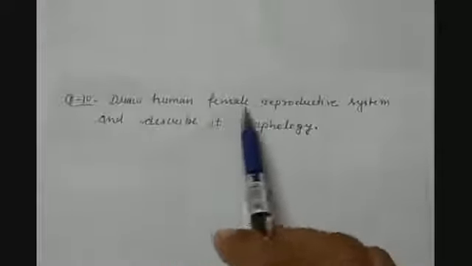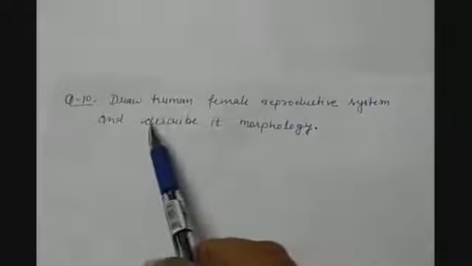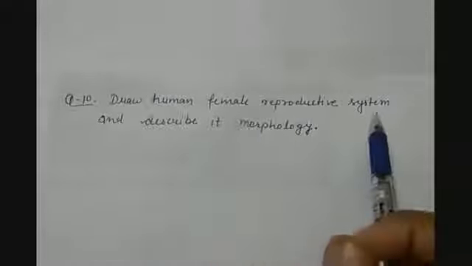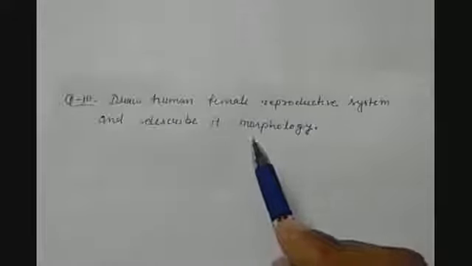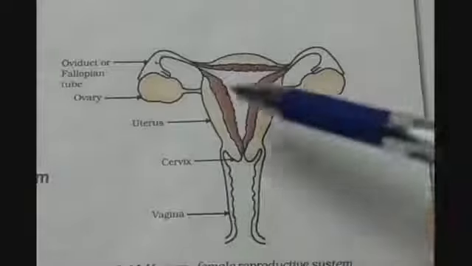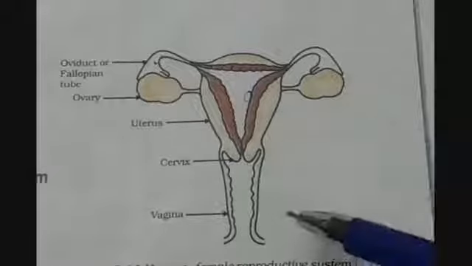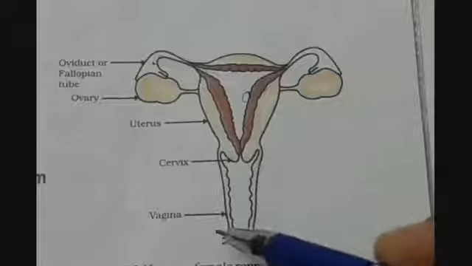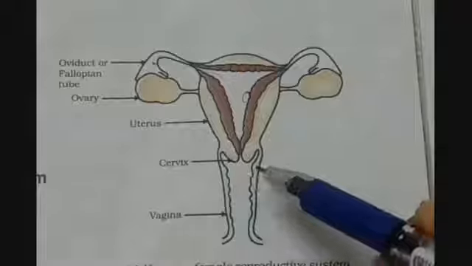Question number 10: draw the human female reproductive system and describe its morphology. So, to answer this question, you are supposed to draw the female reproductive system, and you have to explain the functioning and structures of each of its parts. This is the human female reproductive system, and while writing the morphology, you have to tell about the structure of each part and its major role.